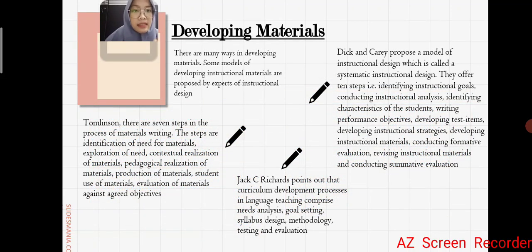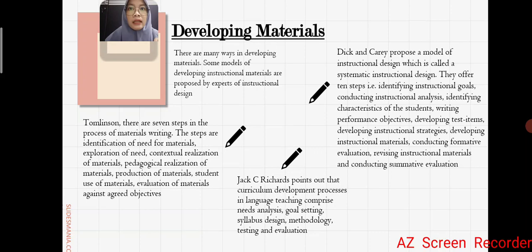Developing materials. There are many ways of developing materials. Some models of developing instructional materials are proposed by experts of instructional design. The first one, according to Tomlinson, there are 7 steps in the process of materials writing.